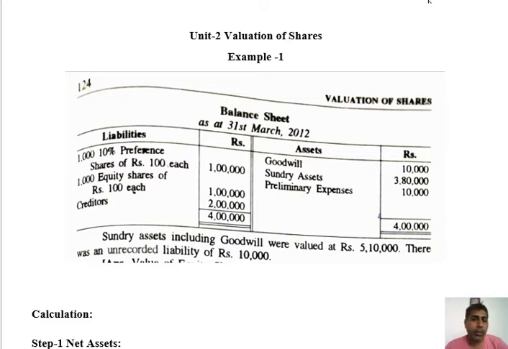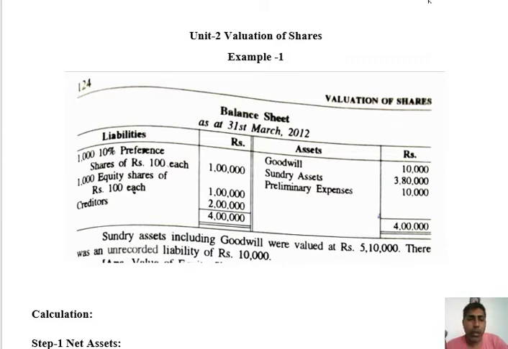So dear students, now start our first example. Example number one. Here is the balance sheet of XYZ Limited, and you find out the intrinsic value of equity shares. Balance sheet as at 31st March 2012.